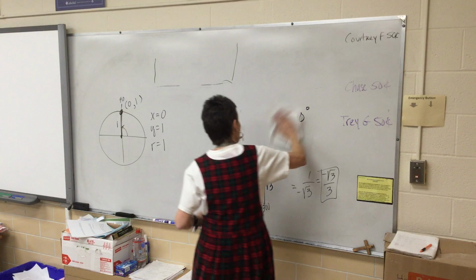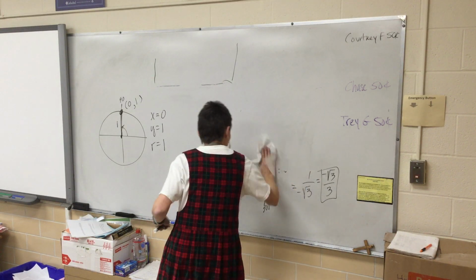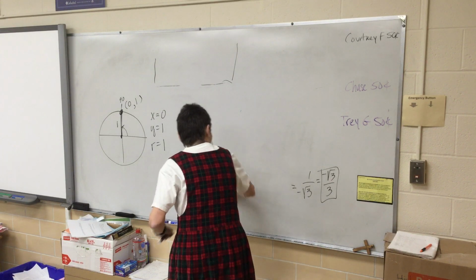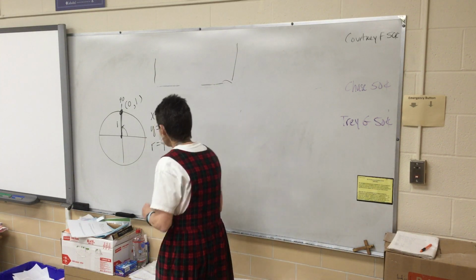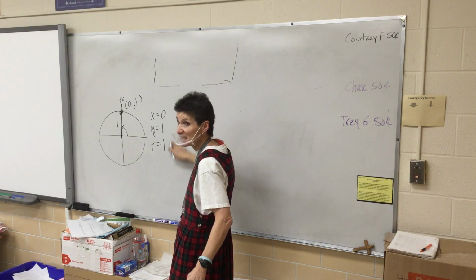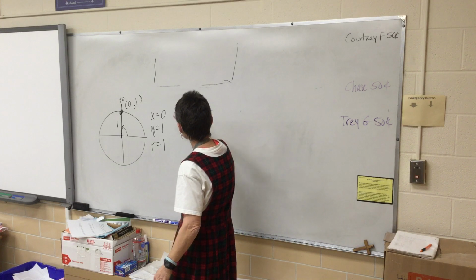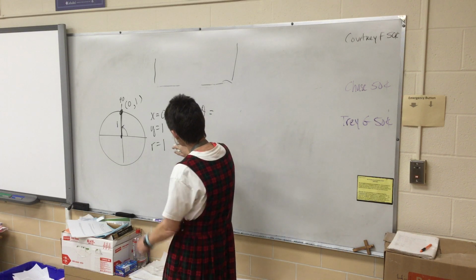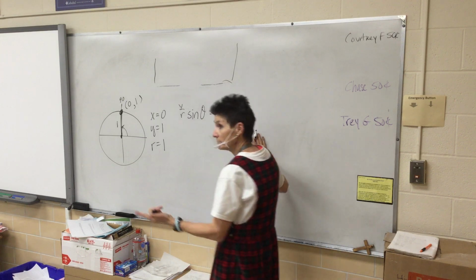Now our job is to find all 3 of them, sine, cosine, and tangent. So, do you have them memorized yet? Do you know what sine, cosine, and tangent are in terms of these things? Sine is y over r, so it will be 1 over 1, so 1.